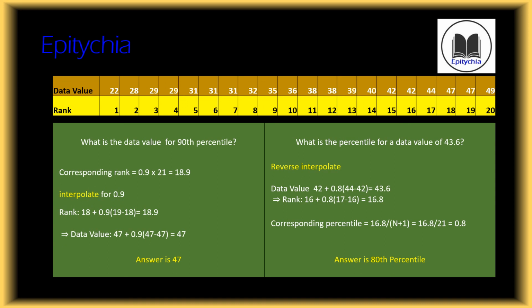So our answer will be in between 16 and 17. Interpolate in the same way. Reverse interpolation: the corresponding rank will be 16.8. So the corresponding percentile will be 16.8 upon n plus 1. n plus 1 is 21. So 16.8 upon 21. The answer is 0.8. That means 43.6 is at the 80th percentile.